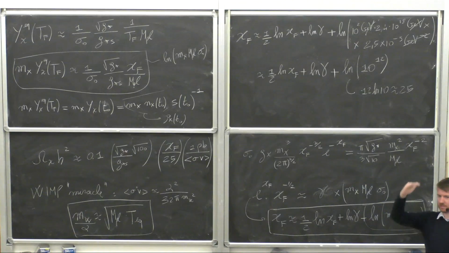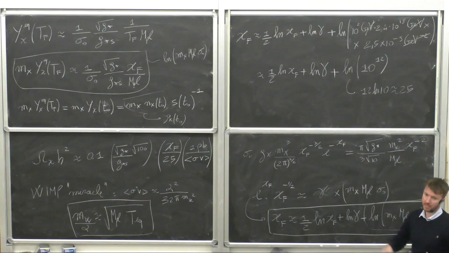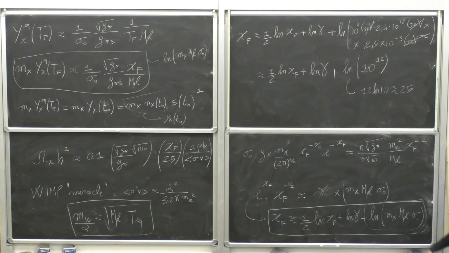It's not an overall scale of the time, it's a ratio, so be careful when you try to make this extrapolation. Of course, there is no time to talk about it, maybe tomorrow. There is the unitarity bound that tells you that m chi should be less than 100 TeV roughly. So we cannot increase this as much as we like if we want this framework to be consistent. Then you can go beyond, of course.